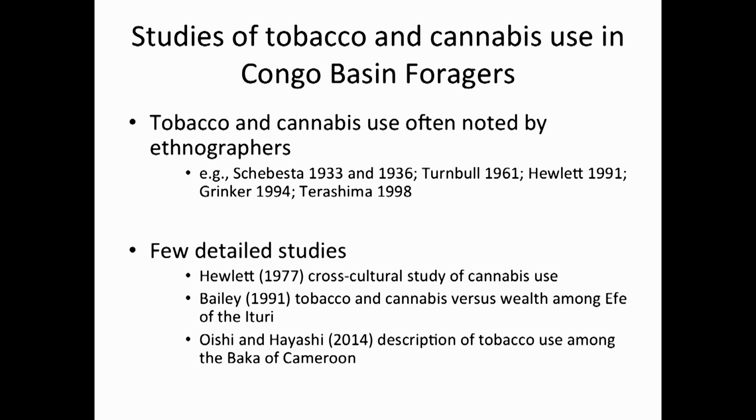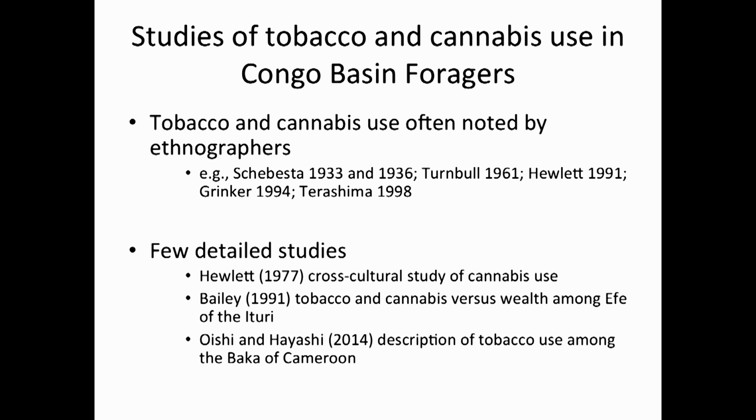My master's thesis advisor, and a good colleague of mine, Dr. Barry Hewlett, performed probably the first systematic study, but it was just going to the Efe and the Mbuti and going to the Aka and looking at patterns of use, looking at the history, looking at kind of cultural norms and attitudes. So it was a cross-cultural study of cannabis use.